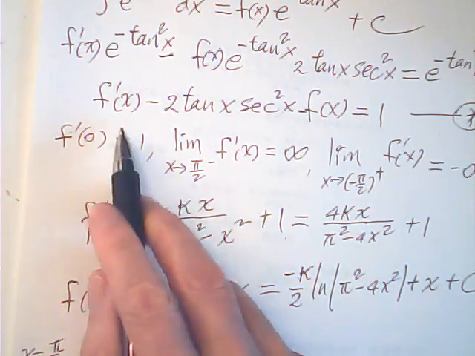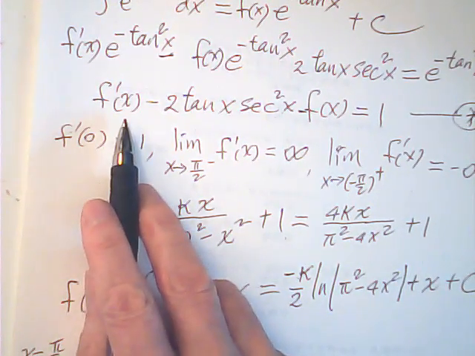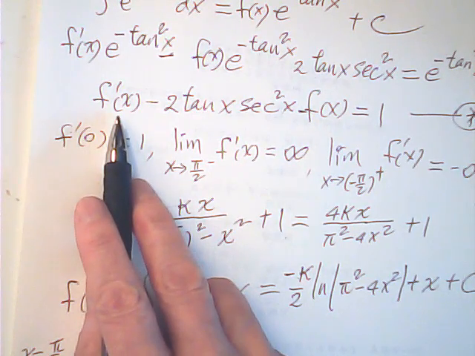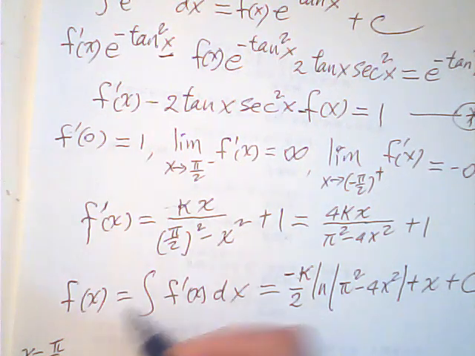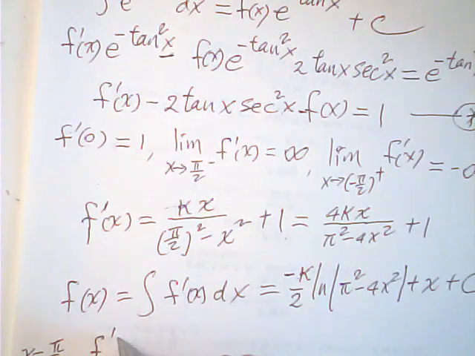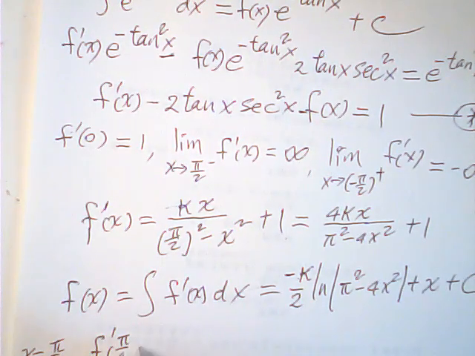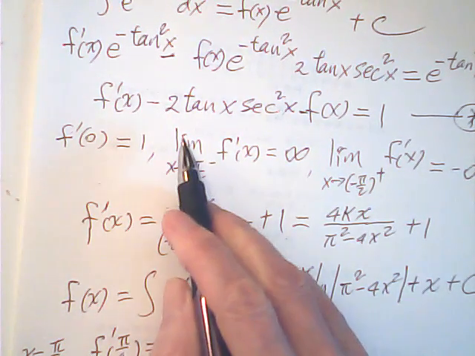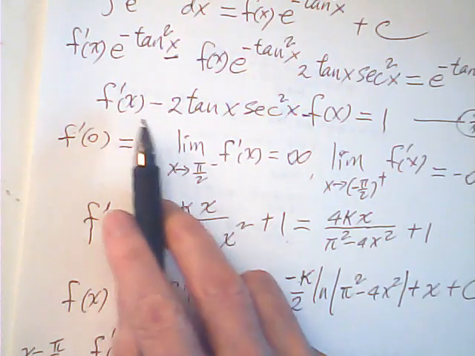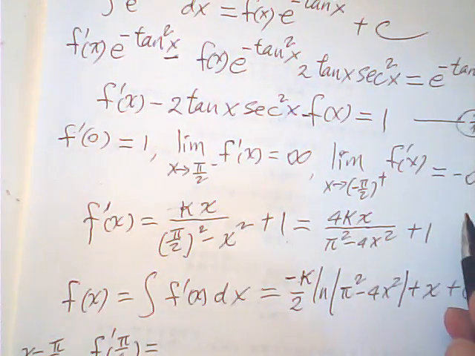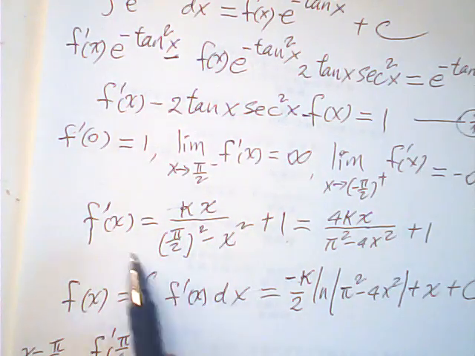So then we know that f prime of a quarter pi is equal to this one.